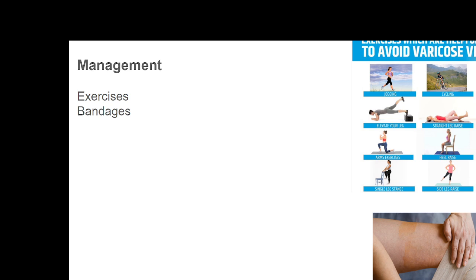Then the bandages, compression bandages, are the other standard protocols of the treatment. Compression bandages are of different types. It could be a simple elastic crepe bandage, or now lots of ready-made types of stockings are available. With all these, there are two important issues which you have to consider.